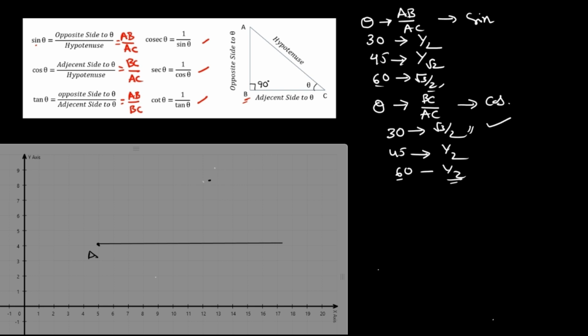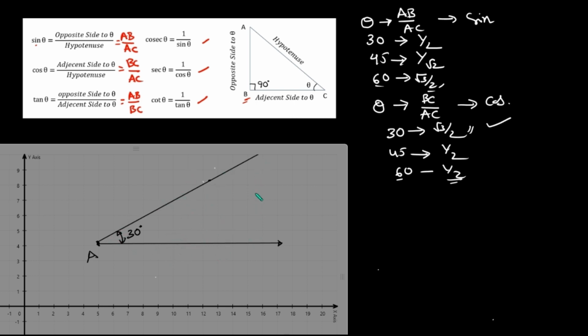Using your ruler, just join these two points from the point A. Now you have drawn two lines with an angle of 30 degrees. This is the point A, and this is the angle of 30 degrees you have drawn. Now you can draw a vertical line at any place, using the protractor again, from this horizontal line, so that it forms a 90 degree angle.